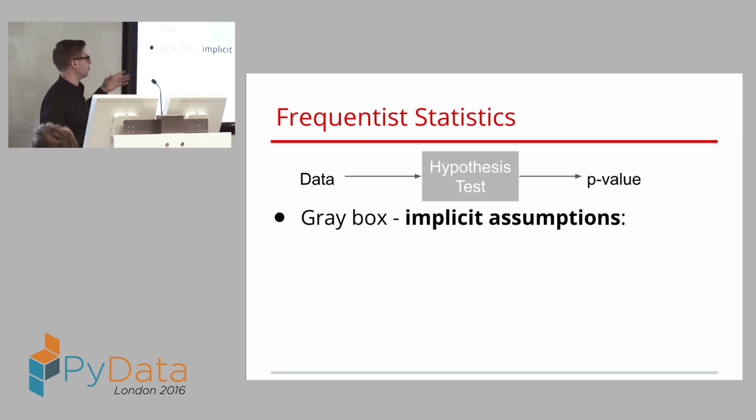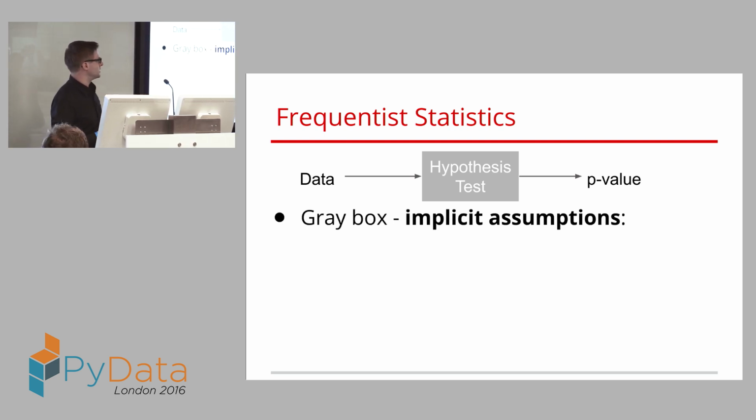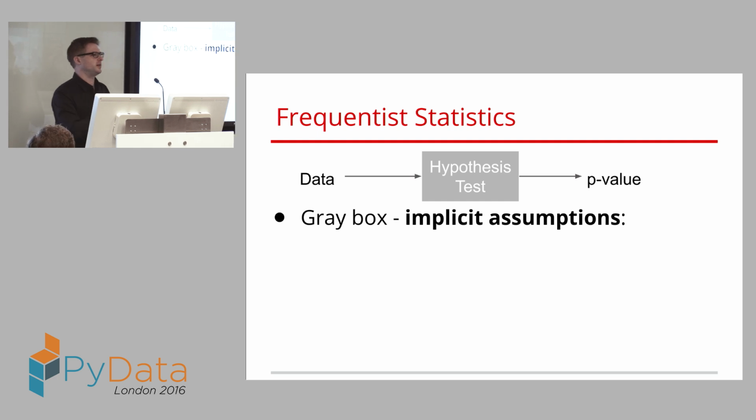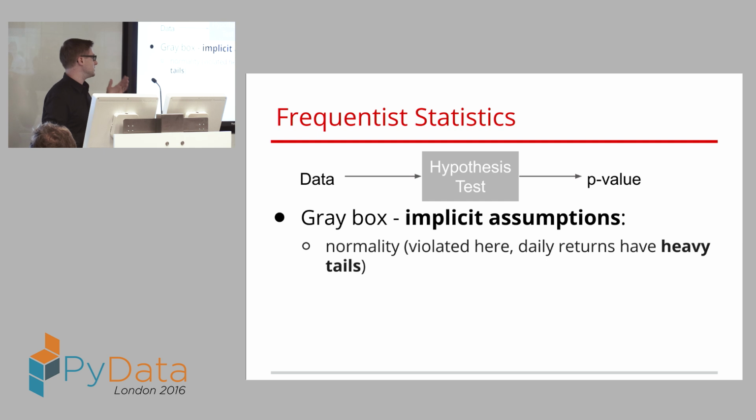First of all, I call this gray box because you can look into what it's doing, but there are many implicit assumptions baked into that t-test that are not directly on the surface. One of them, which is really critical, is that your data is normally distributed. And with stock returns in general, we know that that is just not the case. So these extreme market events, like in 2008 during the financial crisis, there were market swings of 10 to 20%, right?